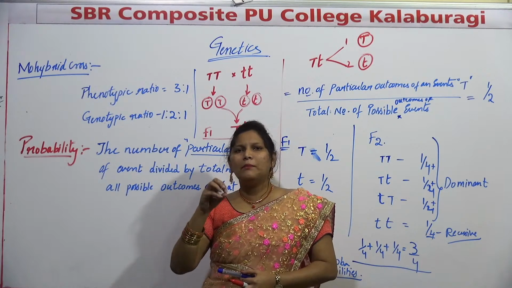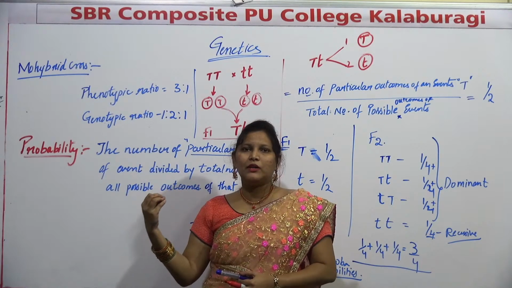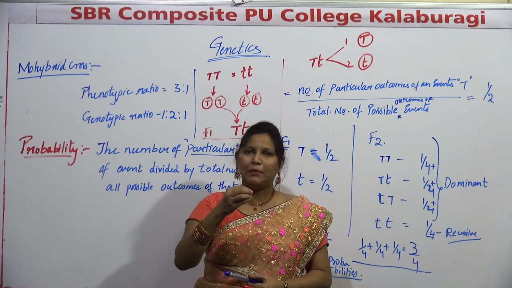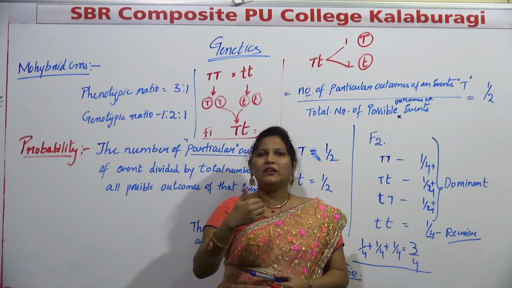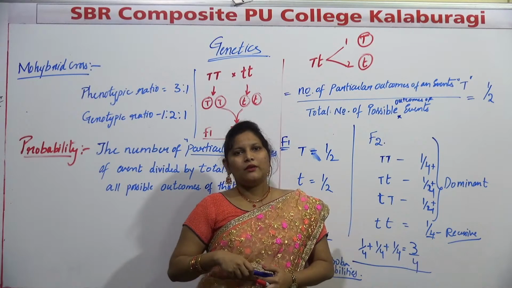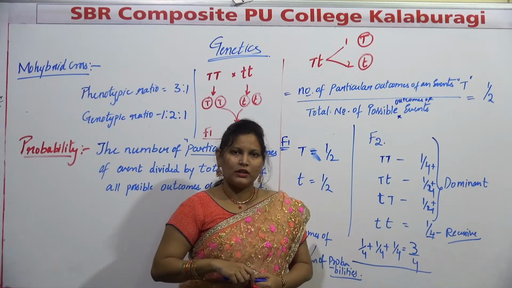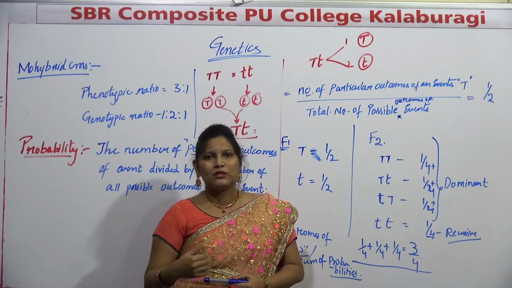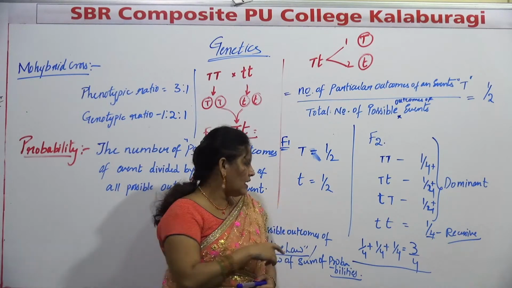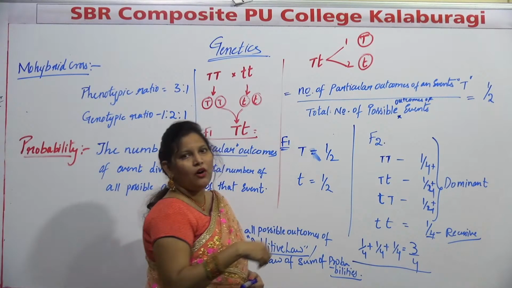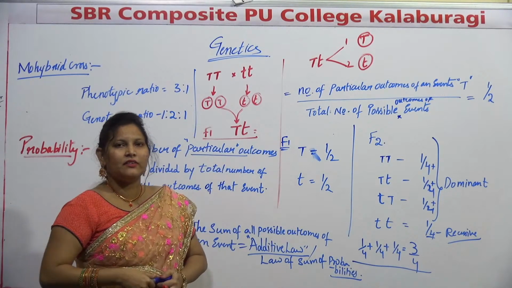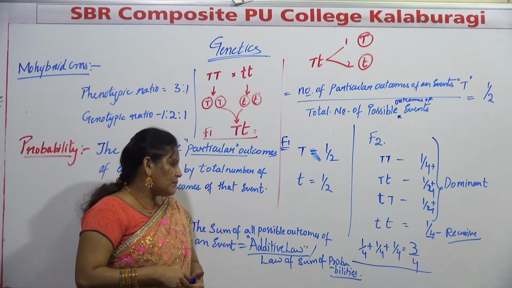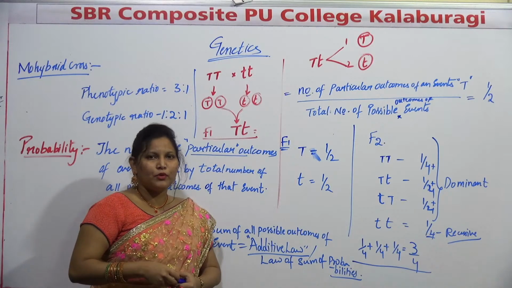If we apply the same probability rule to the second generation, we can find how many individuals will have capital T capital T, capital T small t, and small t small t. That means homozygous tall, heterozygous tall, and homozygous recessive. By adding the sum total of all the plausible outcomes of an event, we state it as the additive law, or law of sum of probabilities.